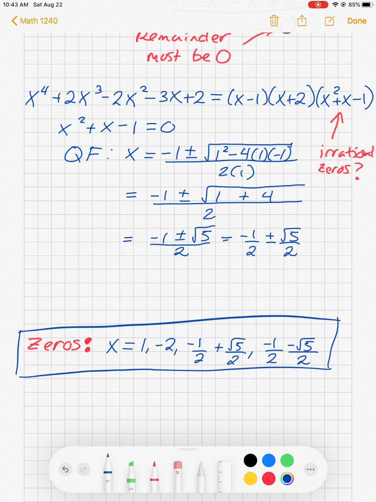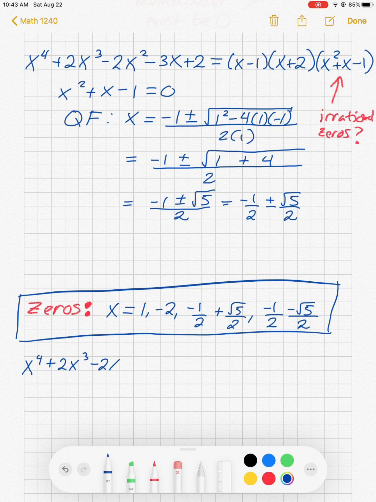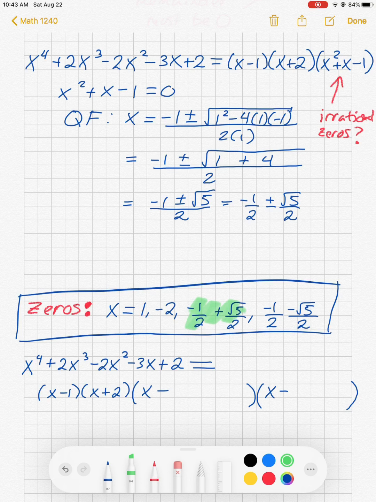The other question was, write the thing in fully factored form. So I have to finish that off. My original polynomial, I'm going to need more room, so I'm going to write the factored form here. So I had the x minus 1 and the x plus 2. But then I have to fill in my other 2 factors. These are going to look a little ugly, but it's not hard. So let's see, what are my zeros? This one, so negative.